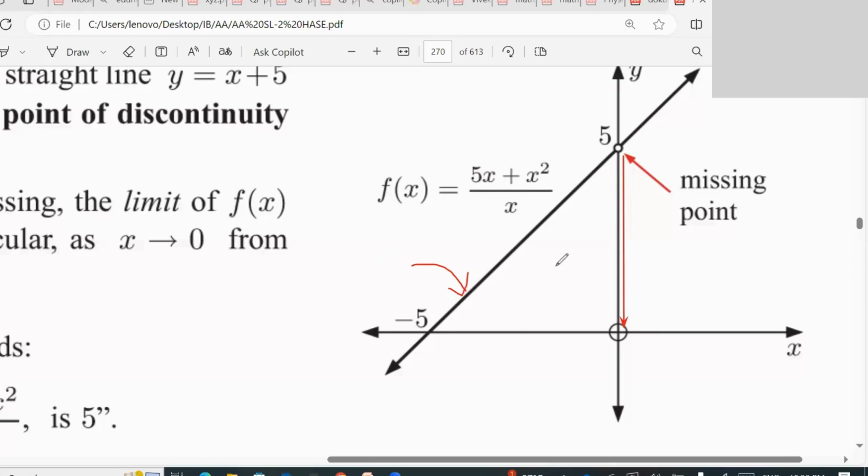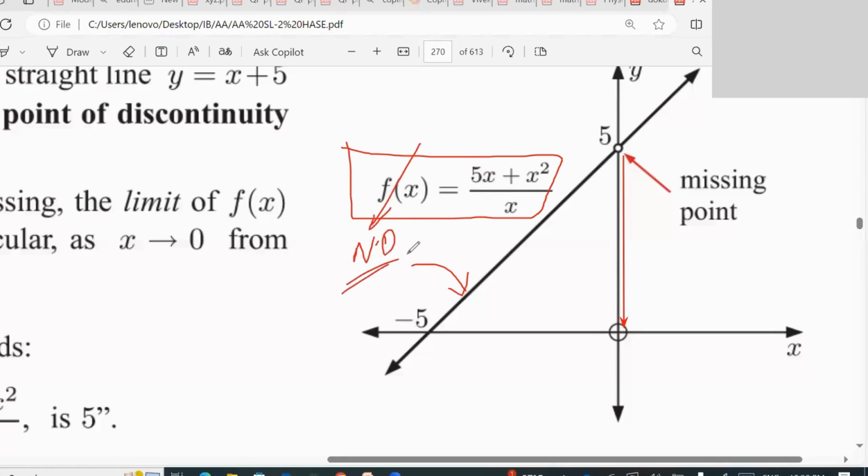You will say, sir, how is it possible? I'll say, please check this. Put x is equal to 0 over here, and you will enjoy the concept. The moment you put x is equal to 0, f(x) will become not defined.